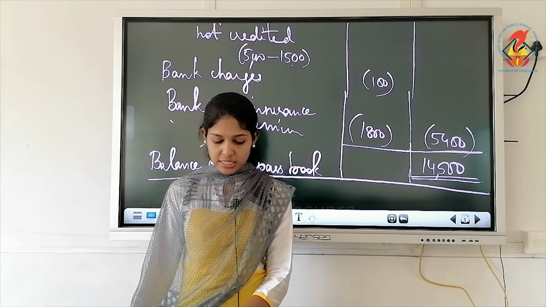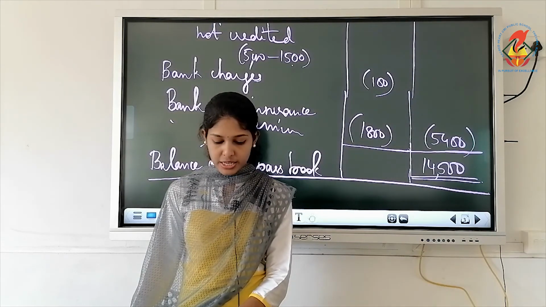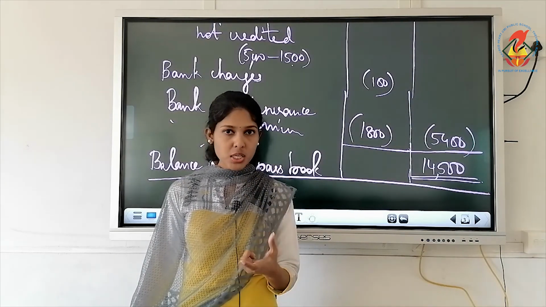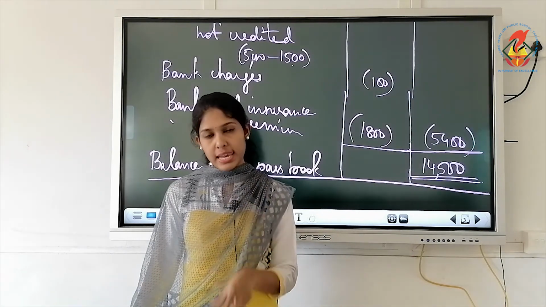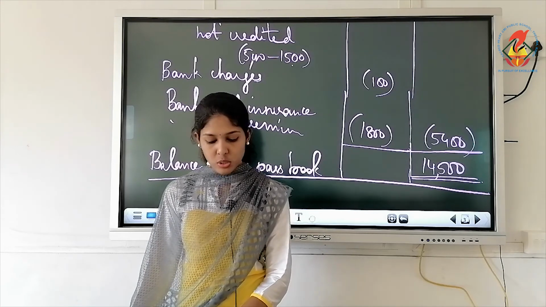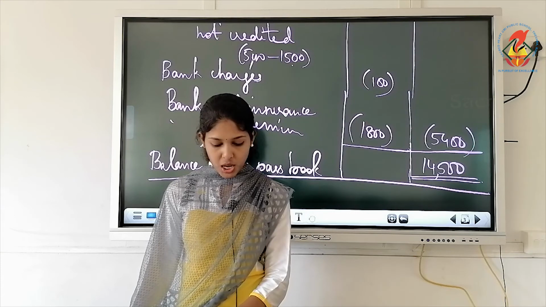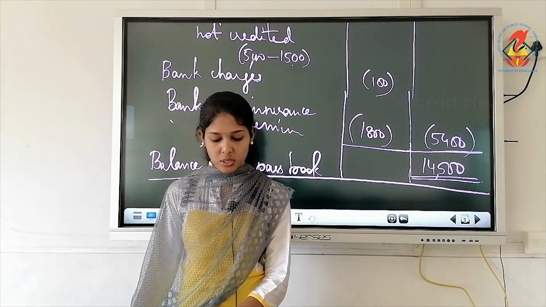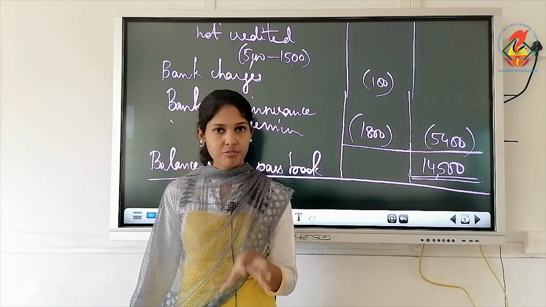Then checks of 8,400 deposited in the bank but not credited by the bank, that is check deposited, not credited or not collected. What should we do? Less. How much should be less? 8,400. Then also a check of 3,000 entered in cash book on 30th March but banked only on 3rd April. The same transaction they mentioned in a different way.